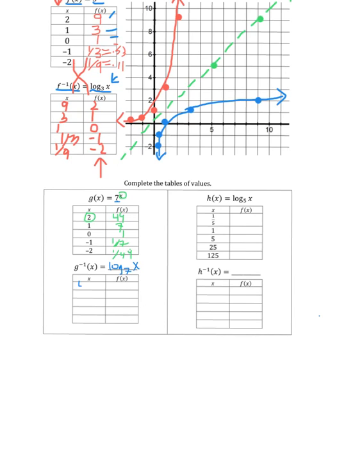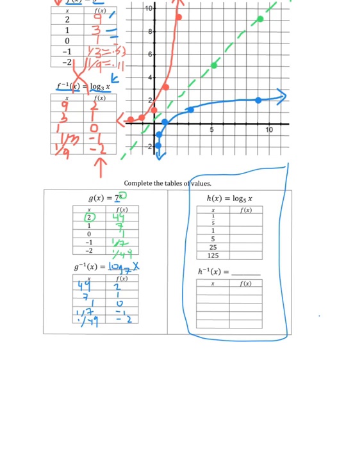So it's going to be 49, 7, 1, 1/7, and 1 over 49. Log base 7 of 49 is 2. Log base 7 of 7 is 1. Log base 7 of 1 is 0. Log base 7 of 1/7 is -1. And log base 7 of 1 over 49 is -2. Go ahead and try and fill in these two tables of values.